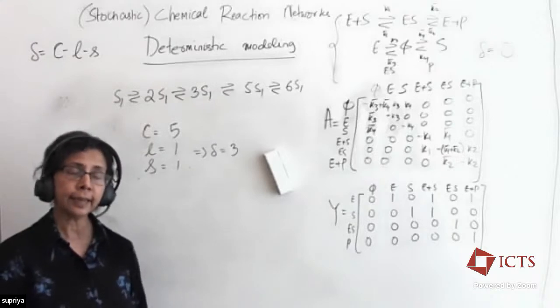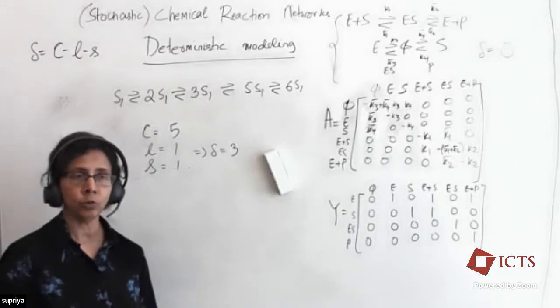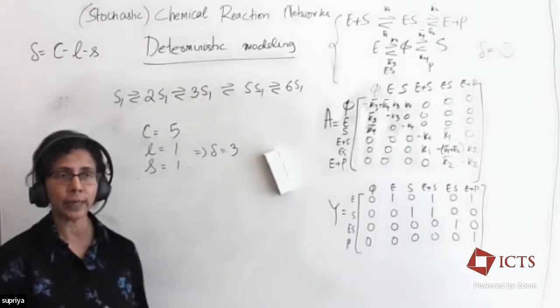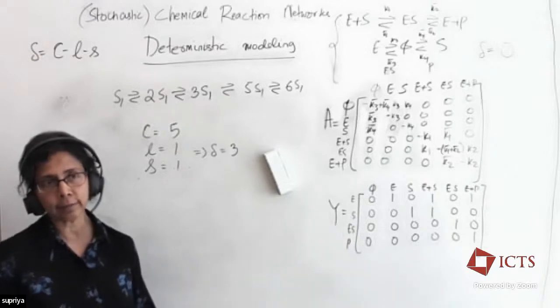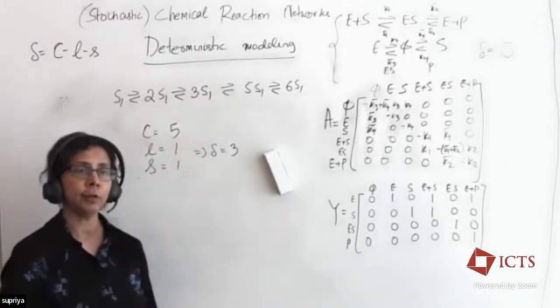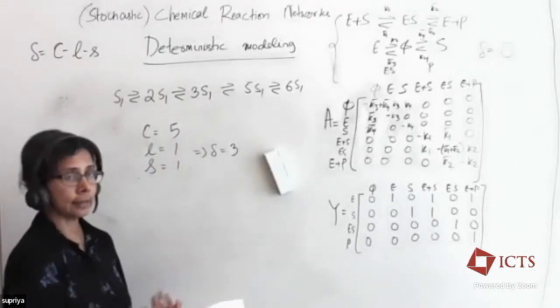So then, what does it mean? Does it make it harder to solve or do something else? We'll get to that. But for this network, there's just one value that it can take. If I have specified the reactions and said I stopped at 6s1, this is what it is.